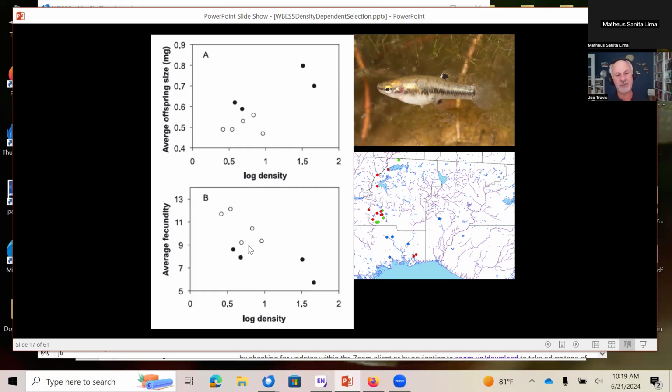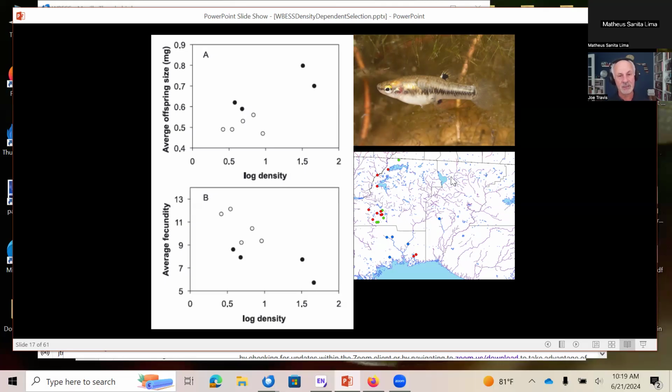This is the kind of observation that got ecologists excited about density dependent selection, because ecologists thought hard in the 1960s and 1970s, and some of us still do today, that the traits that contribute to fitness when a population is at low density could be different than the trait values that contribute to fitness at high density. This became the impetus for a lot of work on density dependent selection.